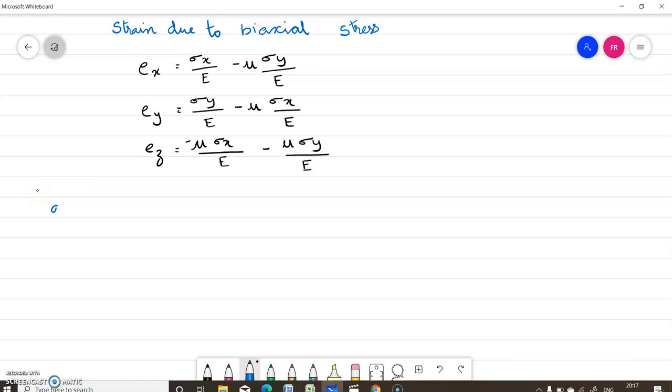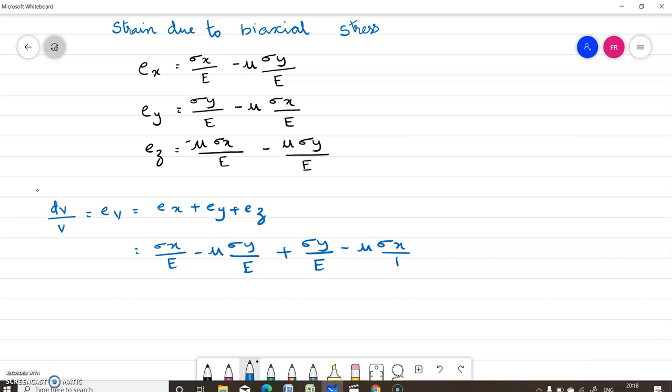So now we can find out the volumetric strain, change in volume by original volume, represented by the letter Ev, which is equal to Ex plus Ey plus Ez. So Ex is sigma x by E minus mu into sigma y by E, plus sigma y by E minus mu into sigma x by E, minus mu into sigma x by E minus mu into sigma y by E. So we can write it taking sigma x outside.